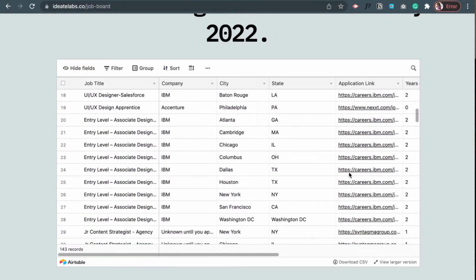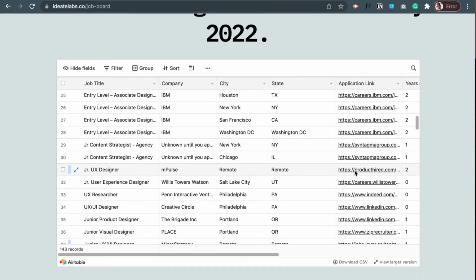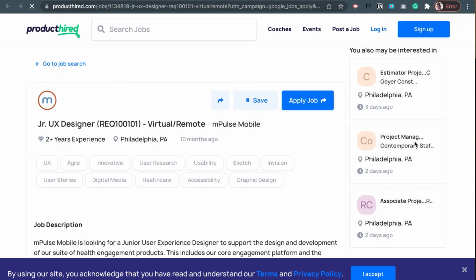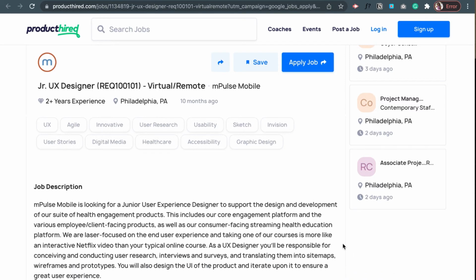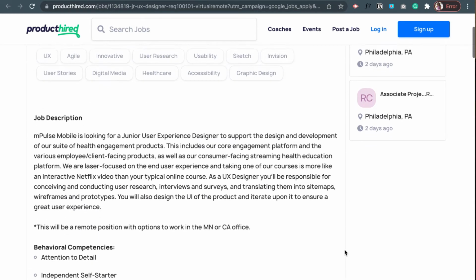And I already told you about Ideate Lab. Ideate Lab is very good for junior UI UX designers because they focus more on junior UI UX roles, right? So they have a job board that you should definitely explore. Another place you can find job requirements would be on LinkedIn. LinkedIn is filled with a lot of job opportunities, so you want to explore that option to find what employers are looking for.